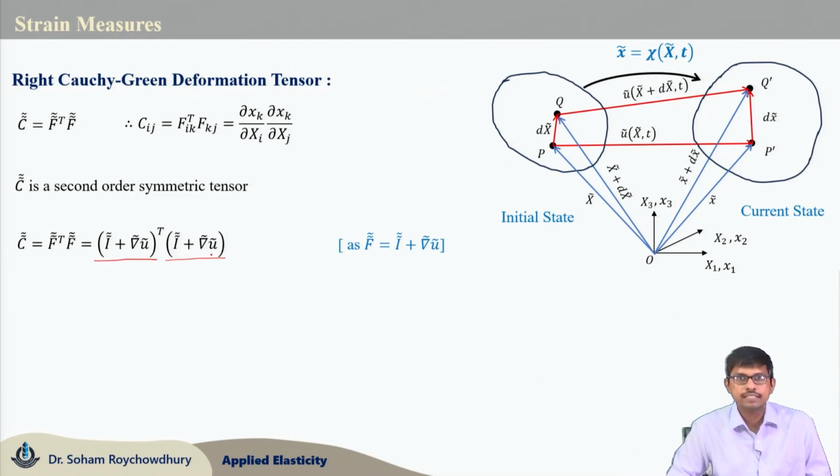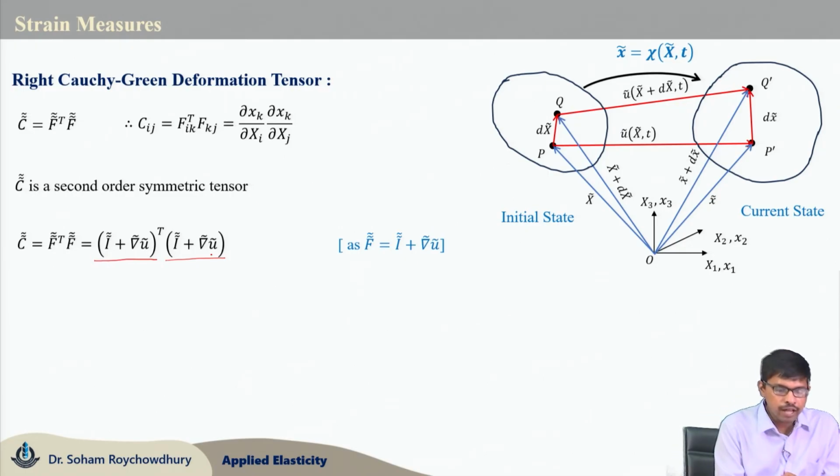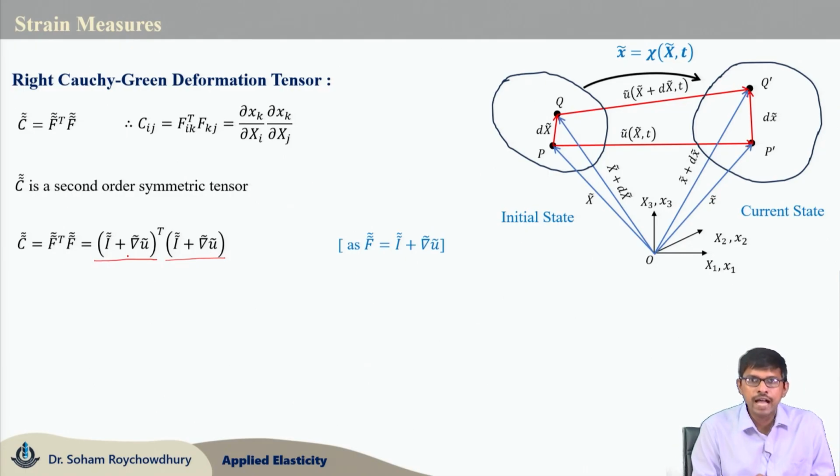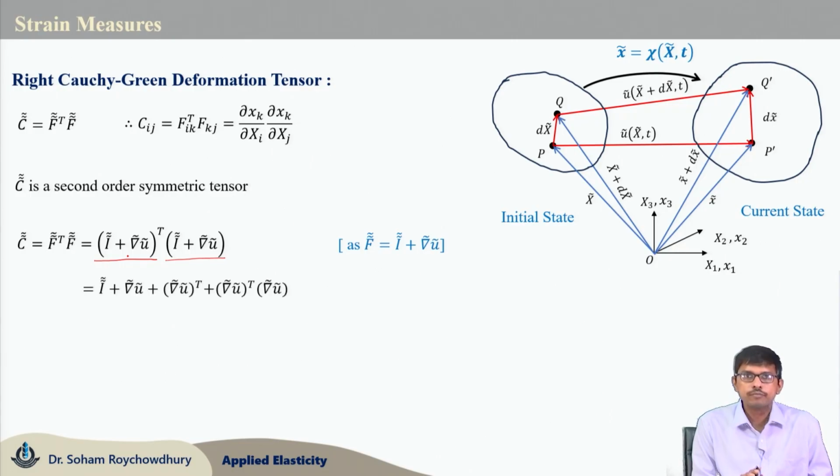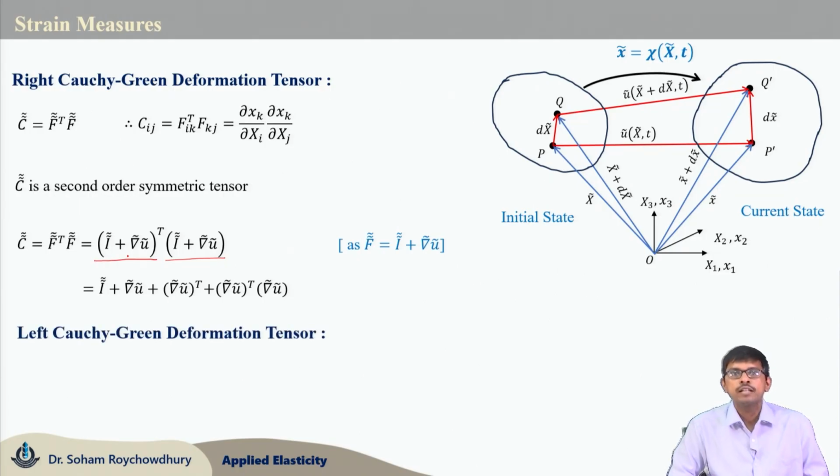If I expand this, the transpose of (I plus grad u) is the transpose of I plus the transpose of grad u separately, and the transpose of I is the same as I only. So, if you expand this, we will get 4 terms: I plus gradient of u plus transpose of gradient of u plus the product of transpose of gradient of u into gradient of u. This is the definition of the right Cauchy-Green deformation tensor.